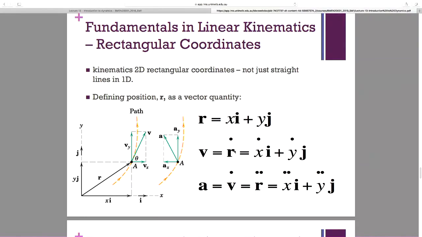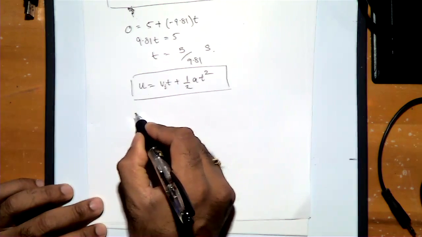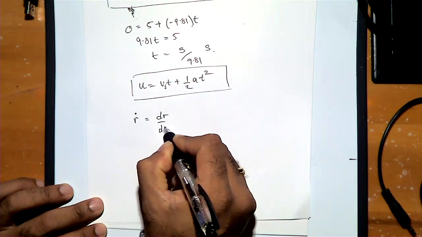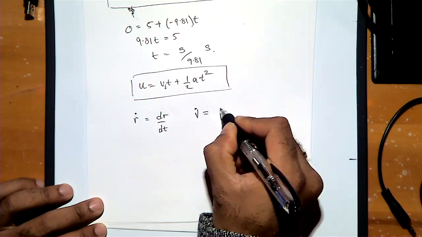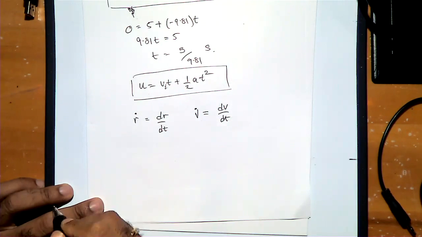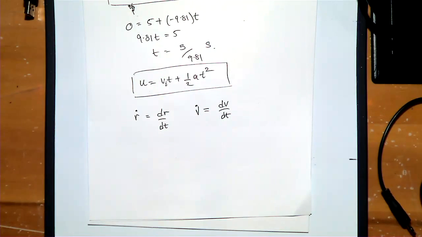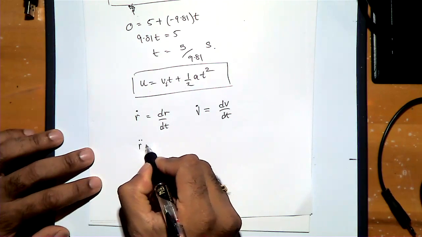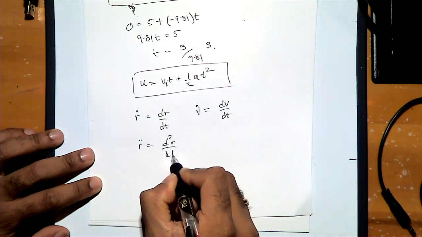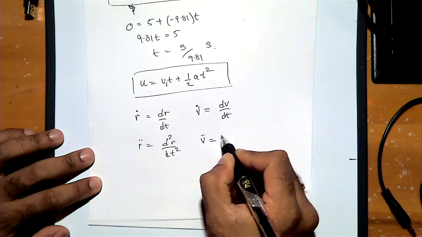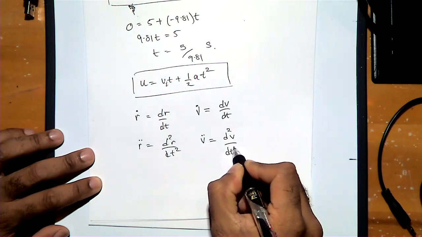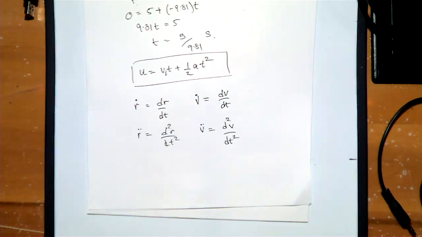So R dot is dr dt, V dot would be dv dt, and R double dot would be d2r dt squared, V double dot would be d2v dt squared.